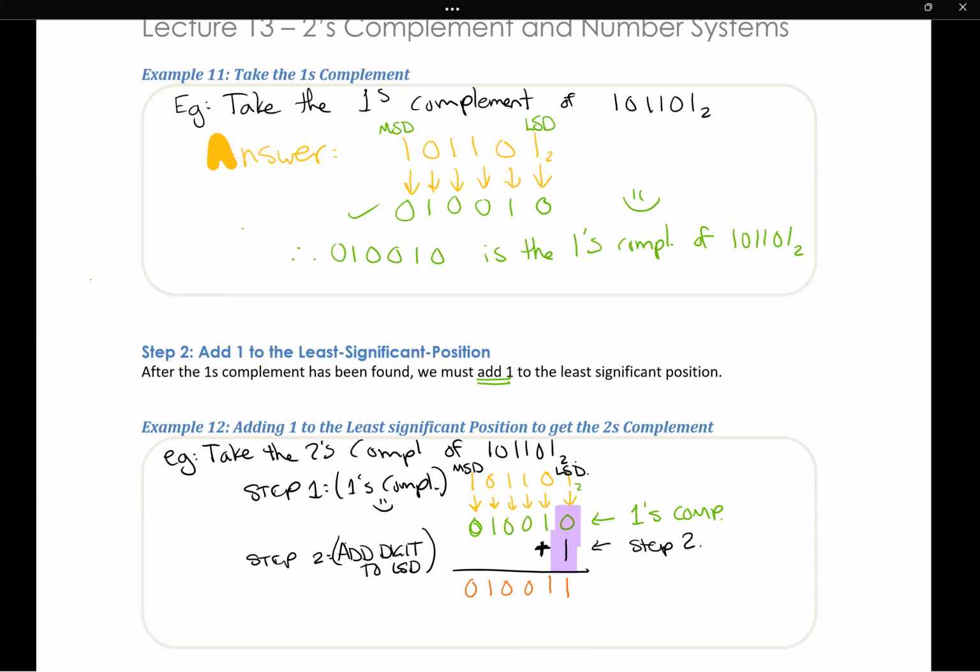And this, therefore, 0, 1, 0, 0, 1, 1 is the 2's complement number of our original number, which was 1, 0, 1, 1, 0, 1, base 2. This is not base 2 anymore, okay?